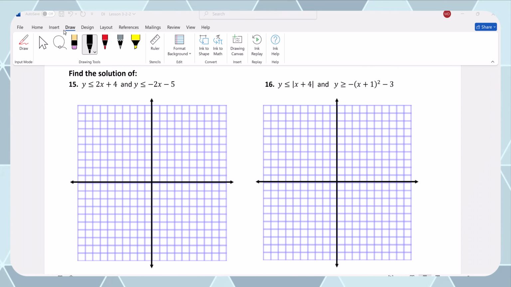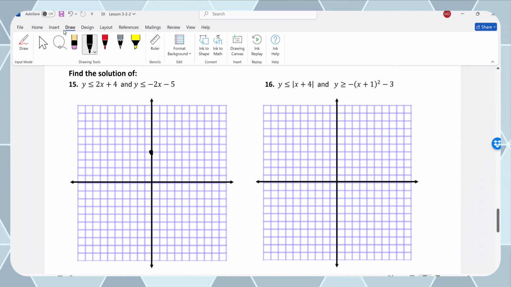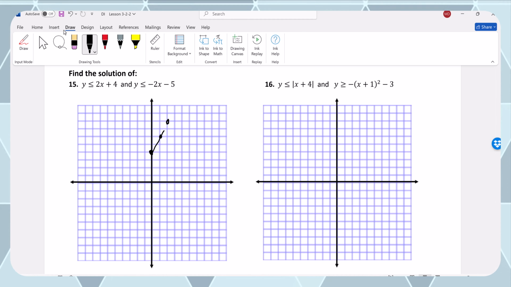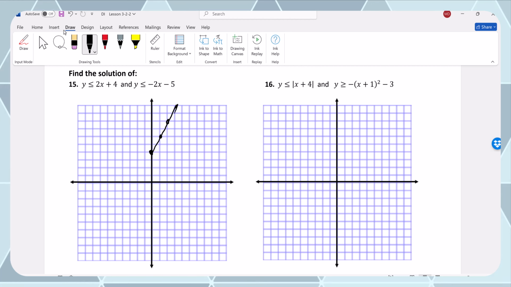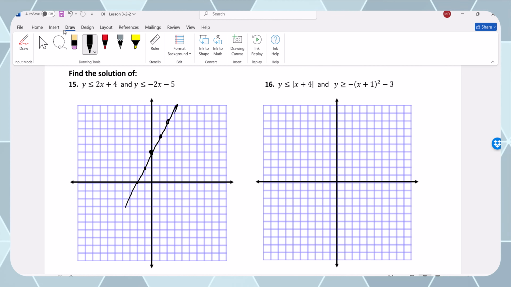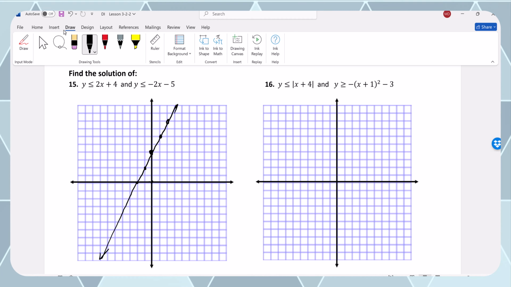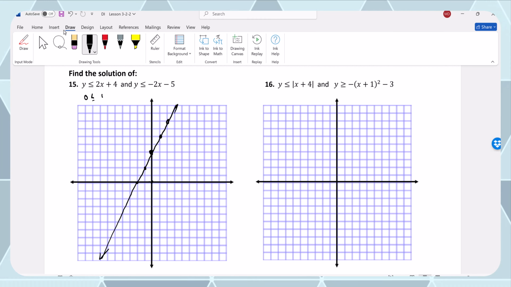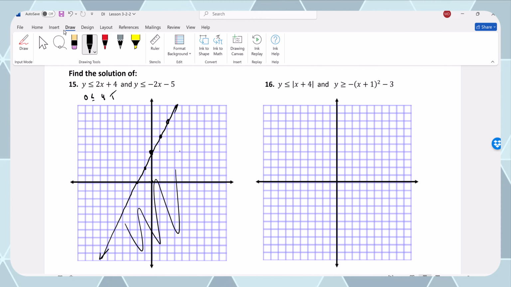So draw this 1, 2, 3, 4, up 2 over 1, up 2 over 1, right? So you draw the line. Now you have to test true or false. So if I plug a point, it's true, so you're going to shade the side that's true.